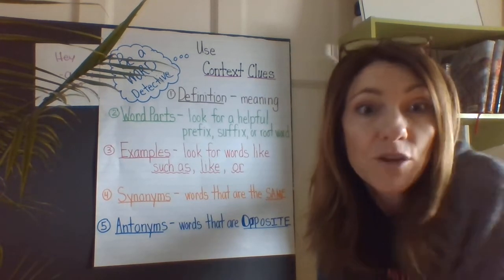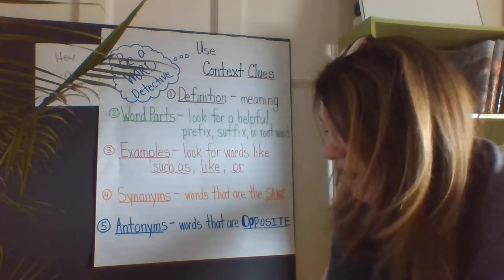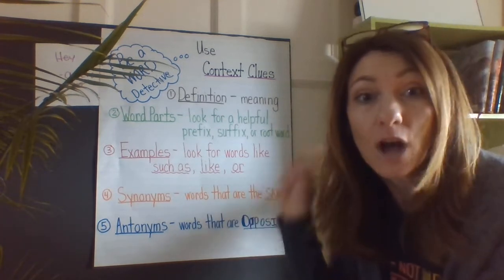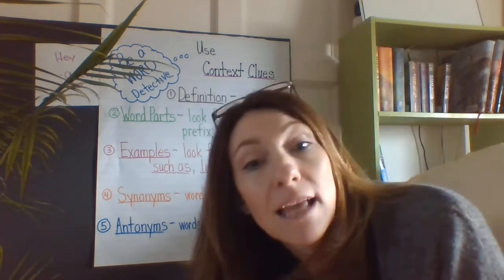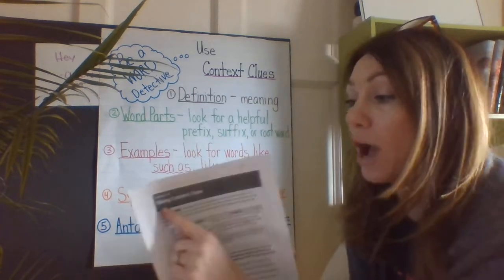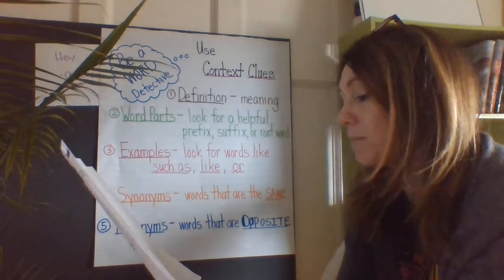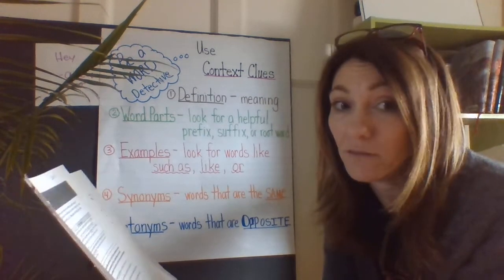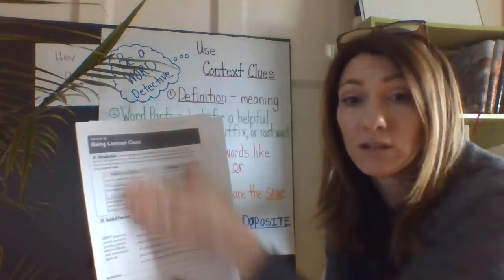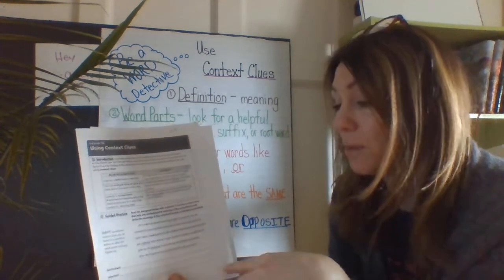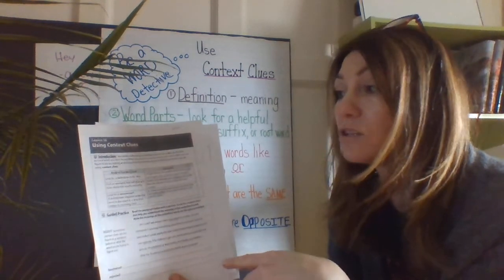So, we have a few ways for you to understand what they are, and this lesson goes along with a lesson in your packet called How to Use Context Clues. You'll find this in your packet on pages 11 and 12. The first page of the packet, page 11, is just instruction.